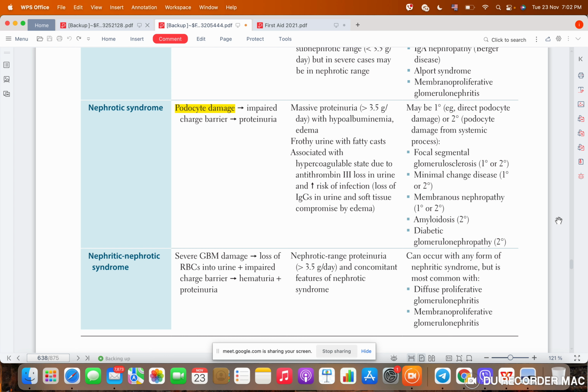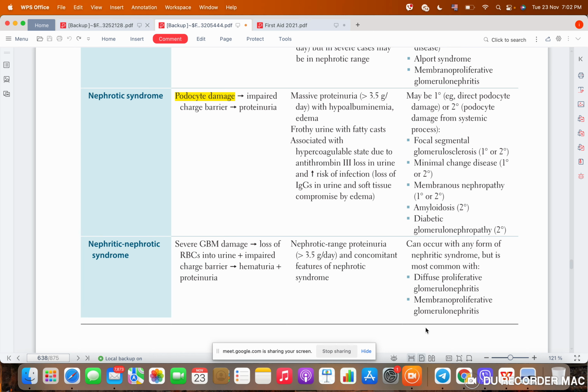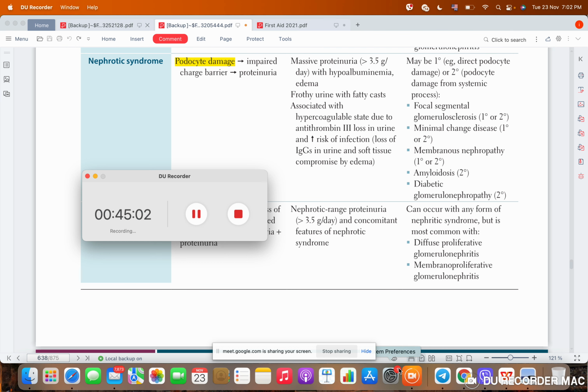It's not in First Aid, but you must know it. Amyloid proteins mostly accumulate in the extracellular space. Make a note about this. They do ask about it. And the diabetic glomerulonephropathy, and we will be speaking about all of these after the break. For now, let's take a 10 minute break.